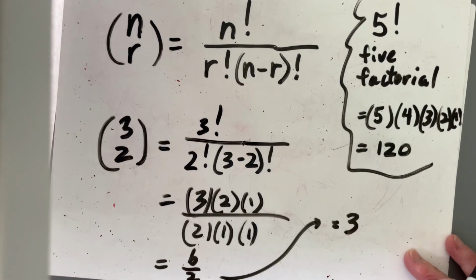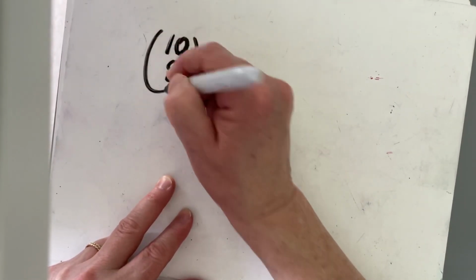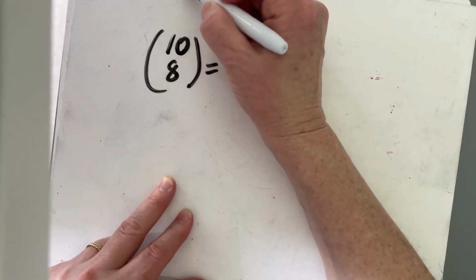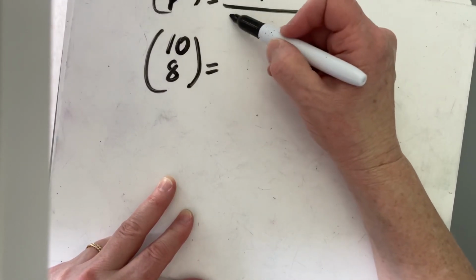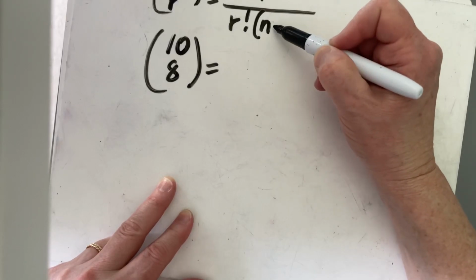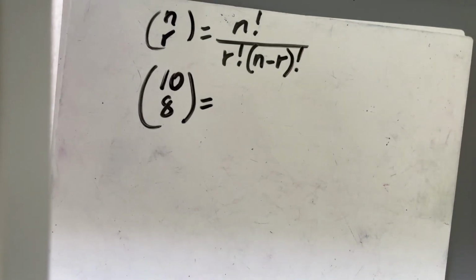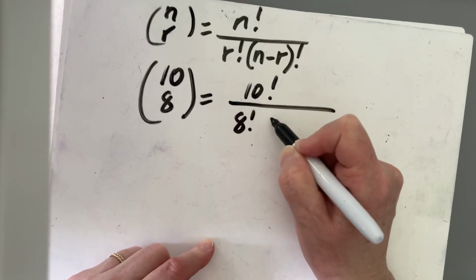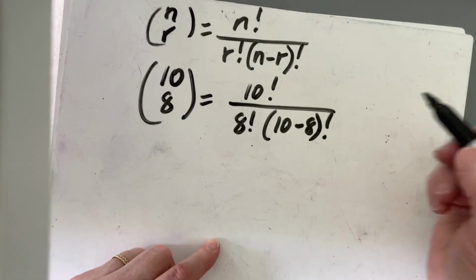Okay, so we could do, say, 10 choose 8. We could figure that out very easily. So let's use the formula. It's n choose r equals n factorial divided by r factorial, n minus r factorial. So we've got 10 factorial divided by 8 factorial, 10 minus 8 factorial.